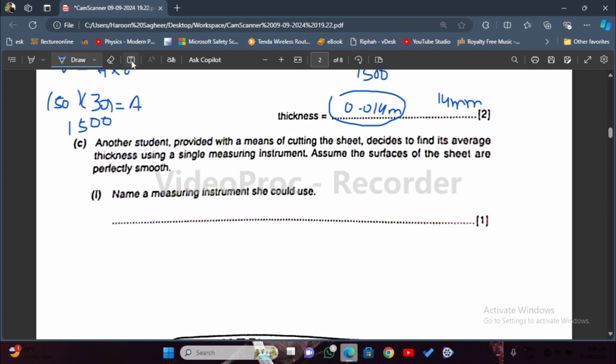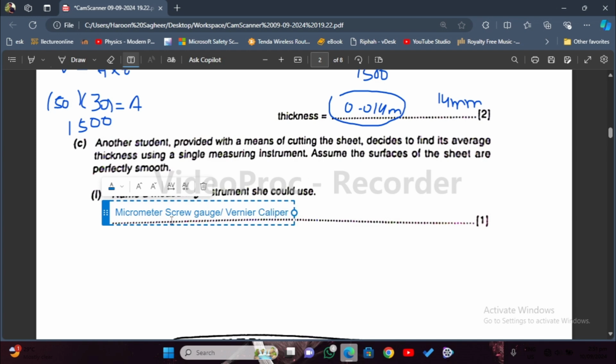So in order to find it accurately, we can use a micrometer screw gauge, or we can also use a vernier caliper here.